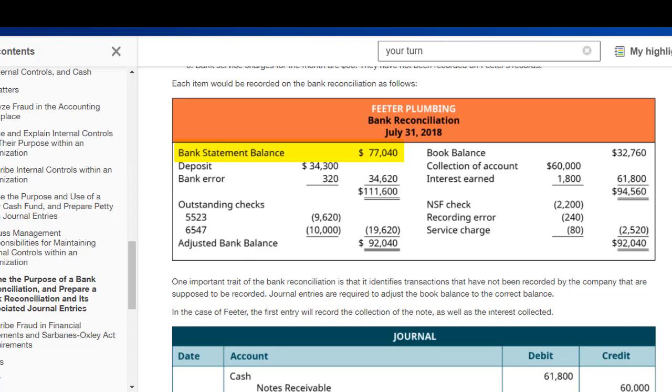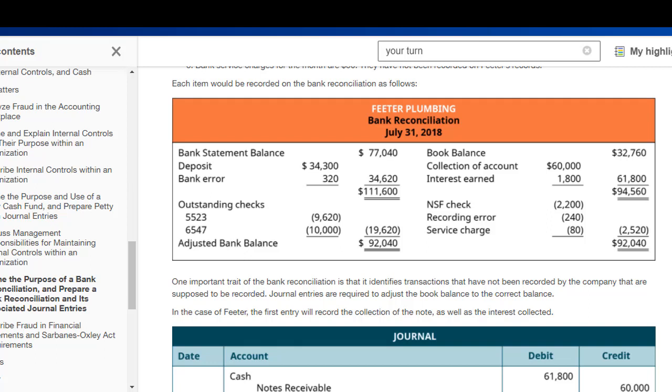No. Perform this reconciliation. As you can see, the reason why the bank statement balance is so much higher than your balance, well, it's attributed to a number of different reasons.